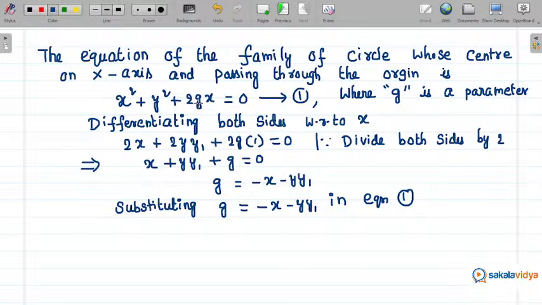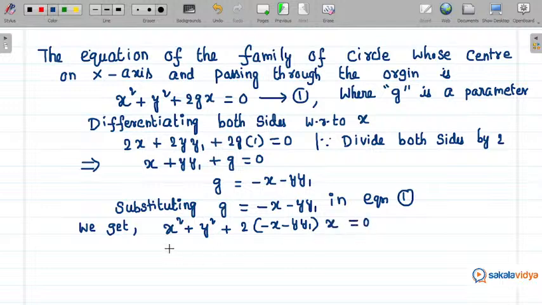That means in the place of g, let us replace minus x minus y y1. So we get x square plus y square plus 2 of minus x minus y y1 times x equal to 0.